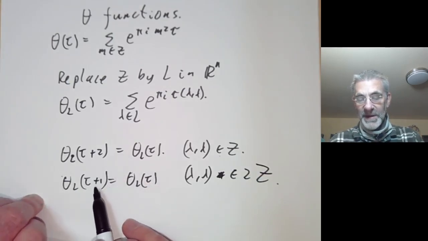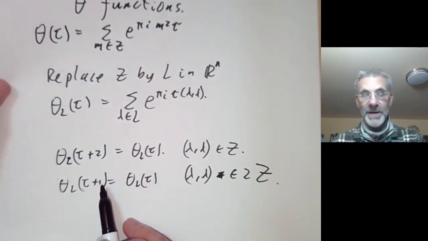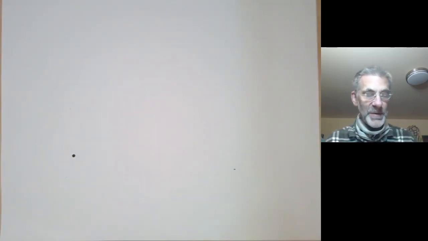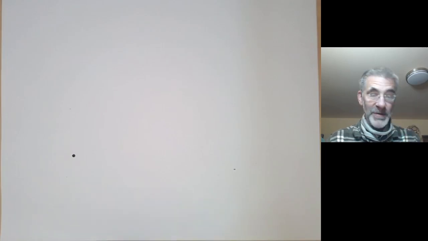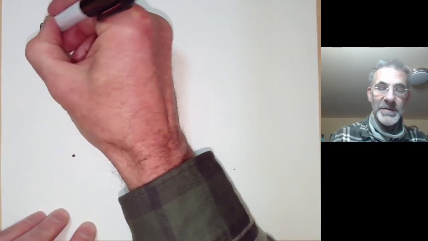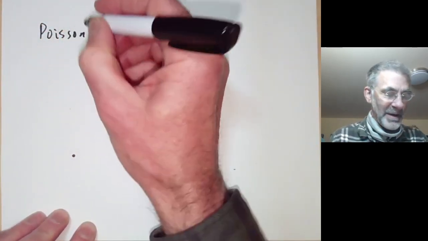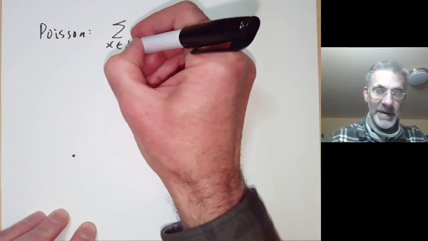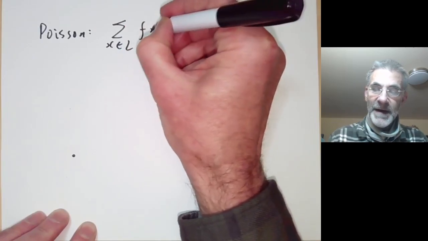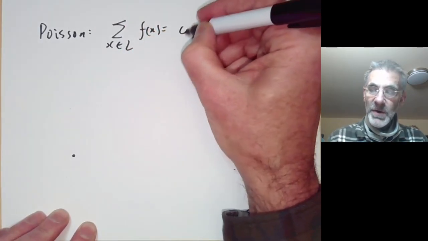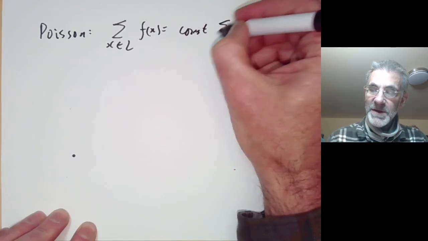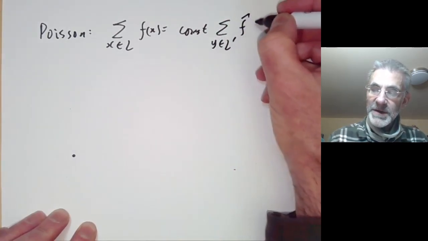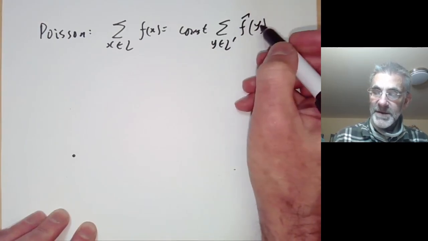Now we want to discuss what happens if we change tau to minus 1 over tau. In the one-dimensional case, we used the Poisson summation formula, so in the n-dimensional case, we're again going to use the Poisson summation formula. What does it say? Well, it says that if you sum over all x inside some lattice of f of x, this is equal to some constant times the sum over all y in the dual lattice of the Fourier transform at the point y.